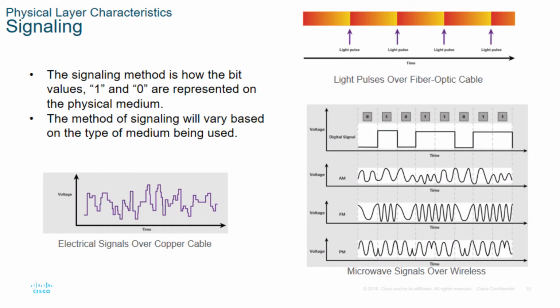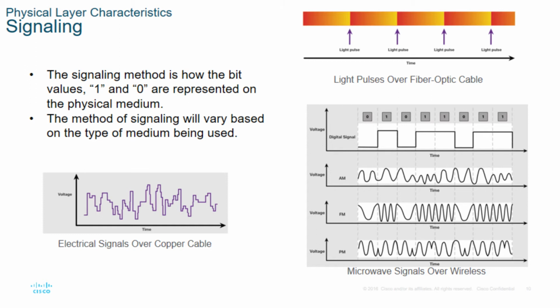Now signaling. The physical layer must generate the electrical, optical, and wireless signals that represent the 1 and 0 on the media, and the way that bits are represented is called the signaling method. The physical layer standards must define what type of signal represents a 1, and what type of signal represents a 0.